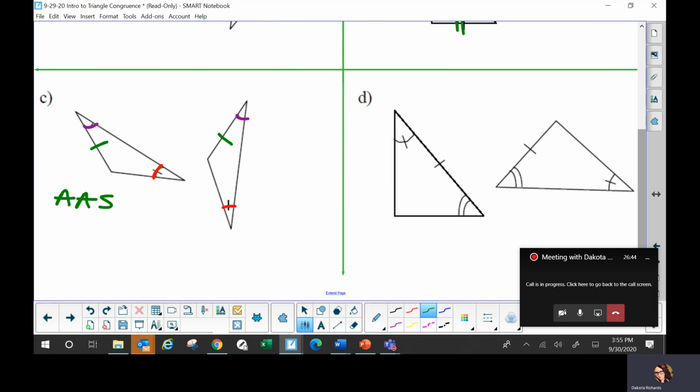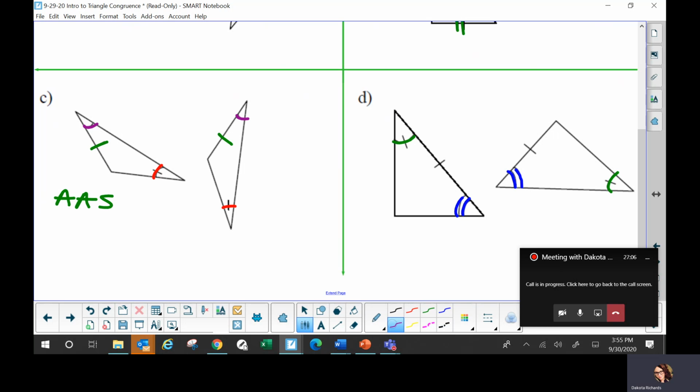Over here on D, let's look at the first triangle: angle, another angle, and then you're given this angle, but the side is different.